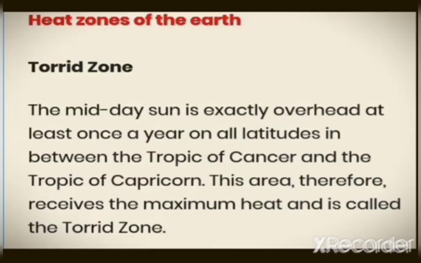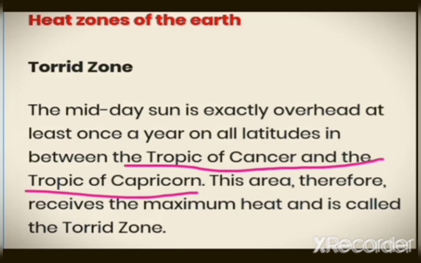Till now we have understood how these heat zones of the earth are formed. Let us understand these zones one by one. What is the torrid zone? It is the area between the Tropic of Cancer and Tropic of Capricorn. This area receives the maximum heat, that is why it is called the torrid zone.